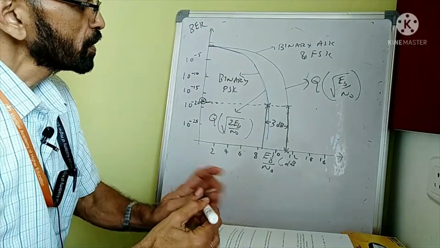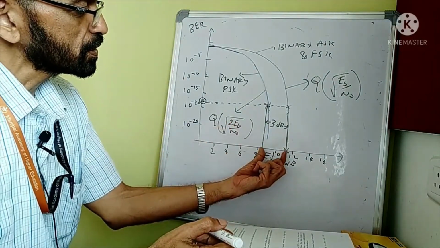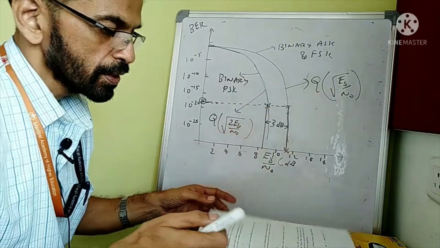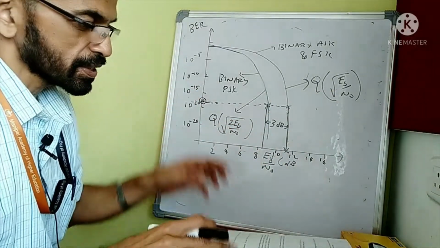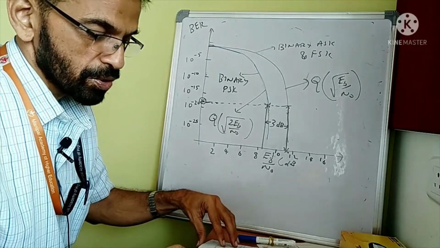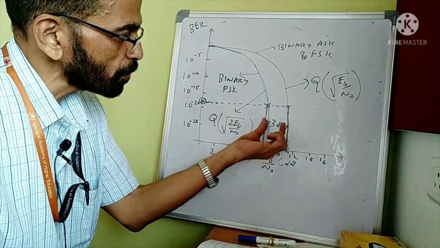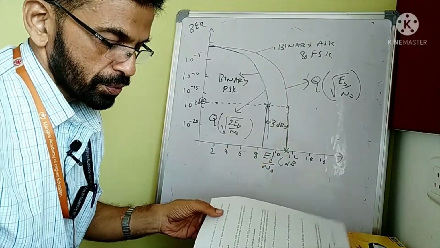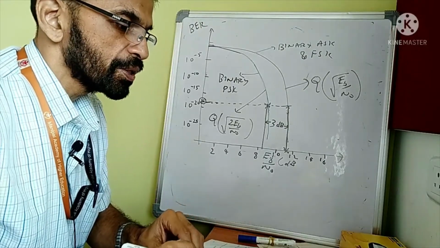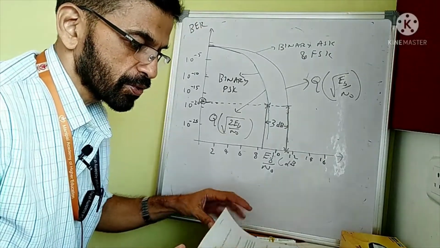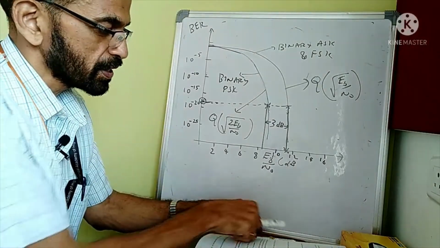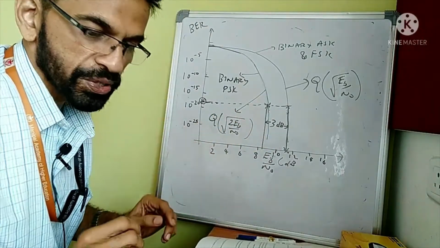So the 3 dB difference that we see here is reflected here as well. So this is the key point. These numbers, as I said, be cautious. They are not correct. It's a freehand sketch. But this is the point that I am trying to drive home here. So the 3 dB improvement in the performance of binary PSK as compared to binary FSK and binary ASK is obvious here.